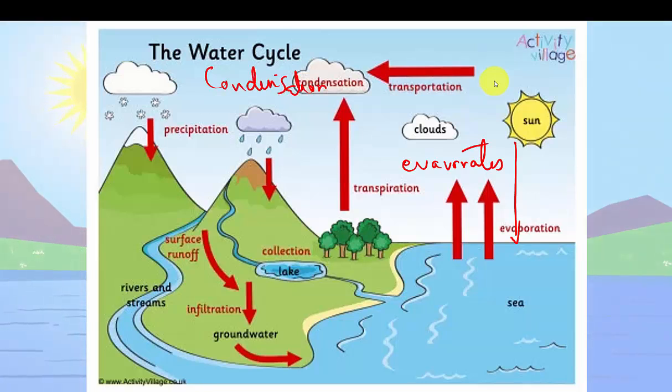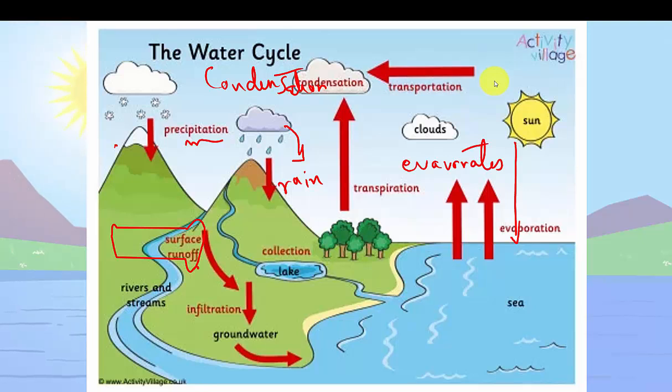Condensation means transferring water vapor into water, and then this water precipitates. Precipitation means water vapor transfers into rainwater again to fall on the earth's surface. After rainfall happens, water moves on the earth in different ways, in the groundwater, to move again into sea or river or lakes or oceans.